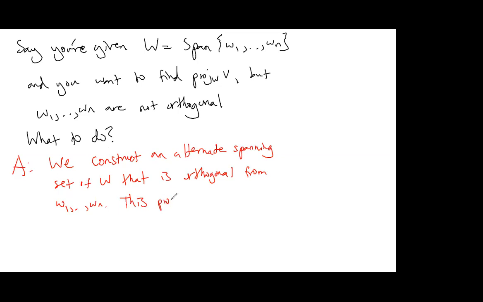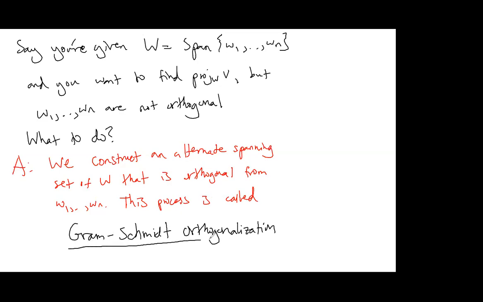This process is called Gram-Schmidt orthogonalization, the Gram-Schmidt process. Named after mathematicians Gram and Schmidt, or at least I think they're two different mathematicians.